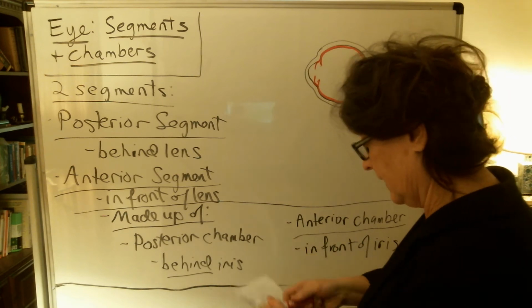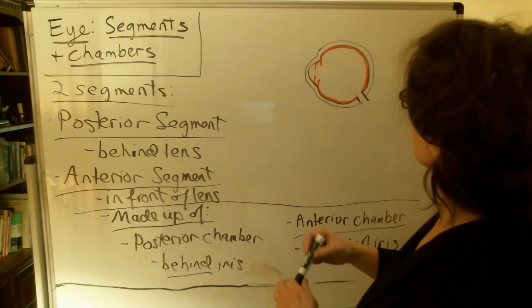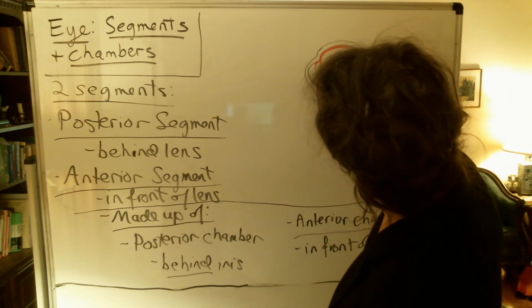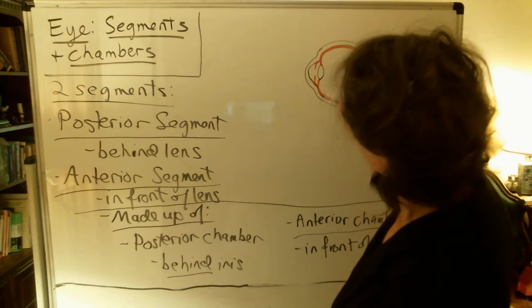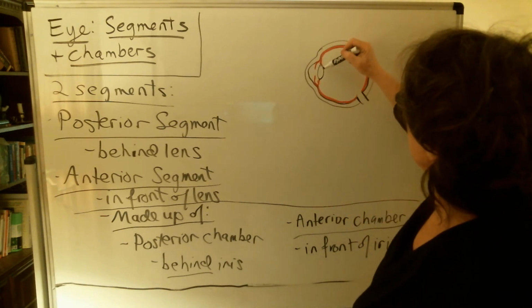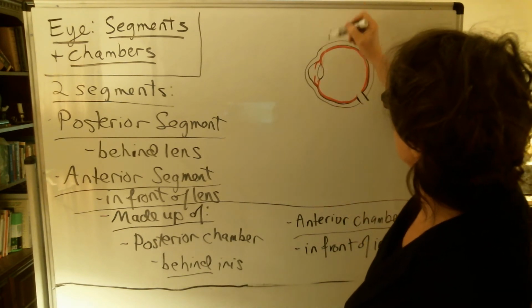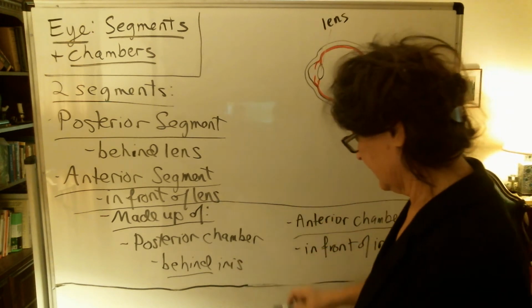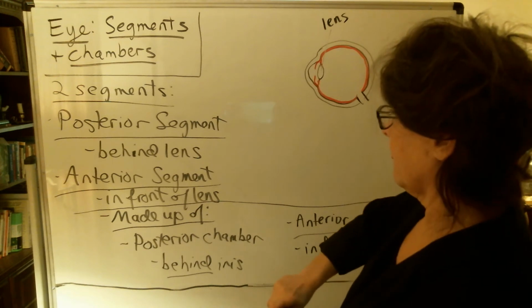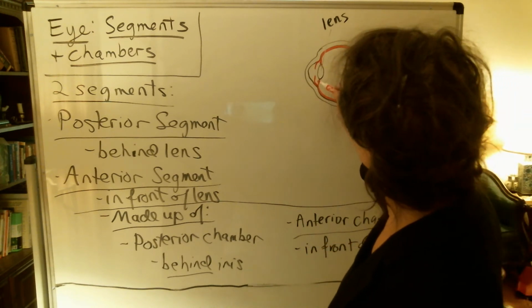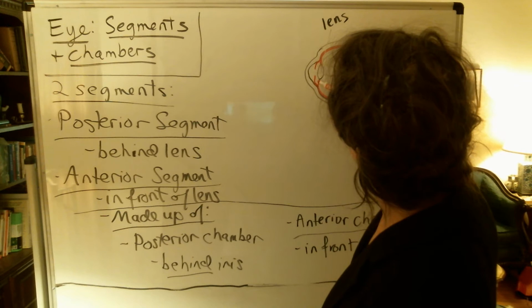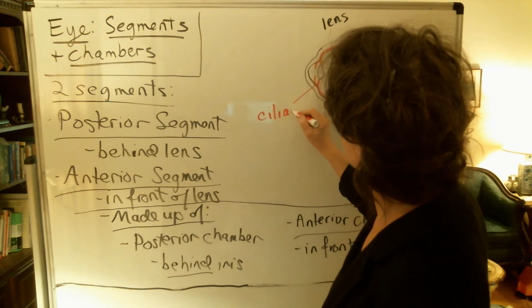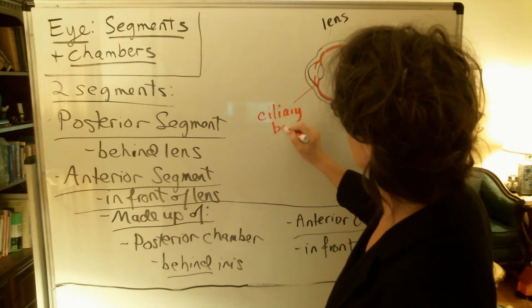And we have the lens here. So here you have the lens. Here, of course, you have the ciliary body.